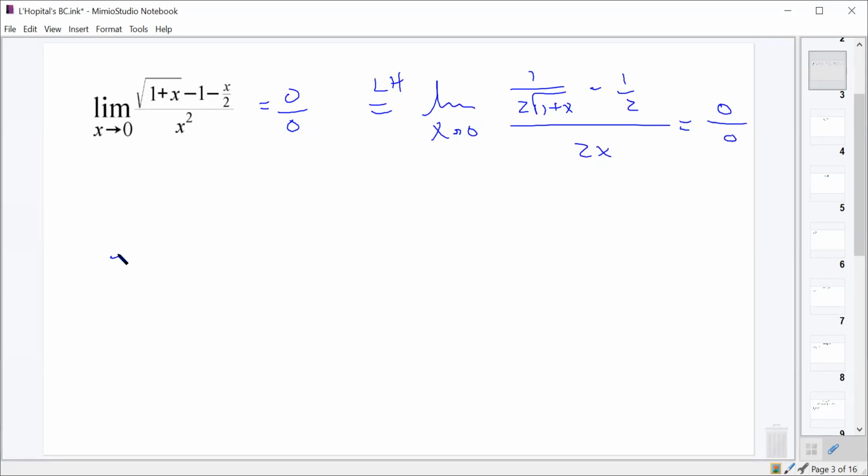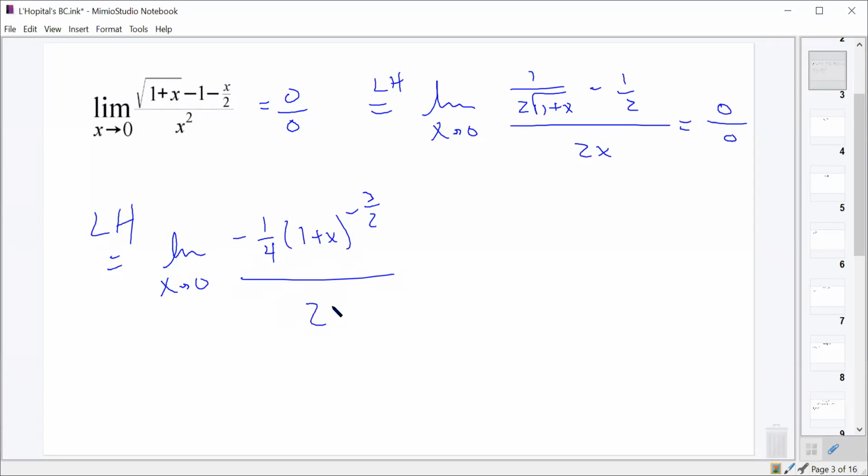We need to use L'Hopital's rule again. And what's the derivative of 1 over 2 root 1 plus x? That's 1/2 of 1 plus x to the negative 1/2. So that should become what? Negative 1/4 times 1 plus x to the negative 3/2, all over 2.